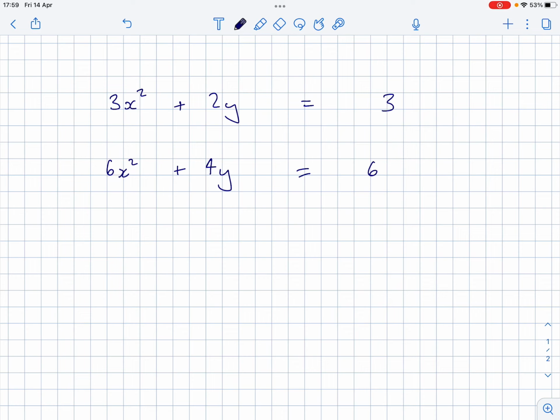But really what has happened is that we have timesed the whole side by 2. And this property of distributive means that when we expand the brackets, it's worth the same amount.